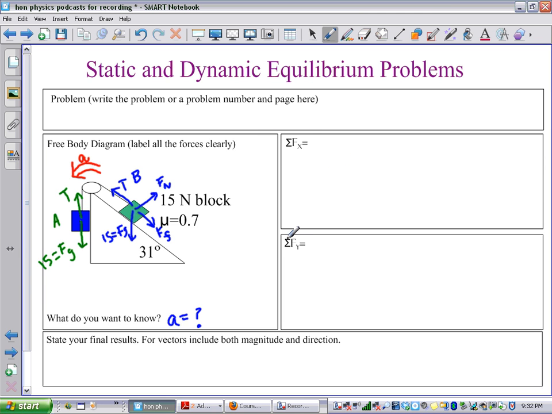We're going to have to do possibly 4 formulas, but probably fewer since we know that there's no x component here. So let's start with our blue block.